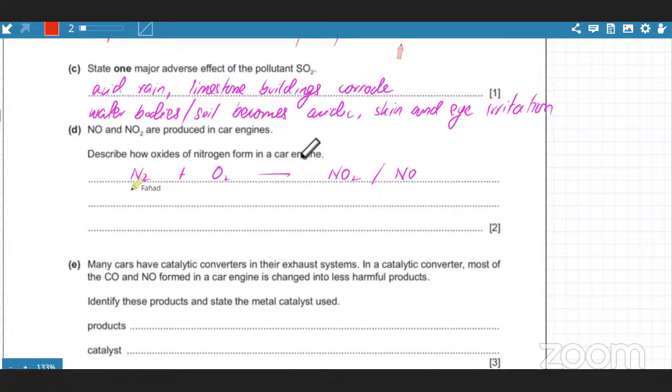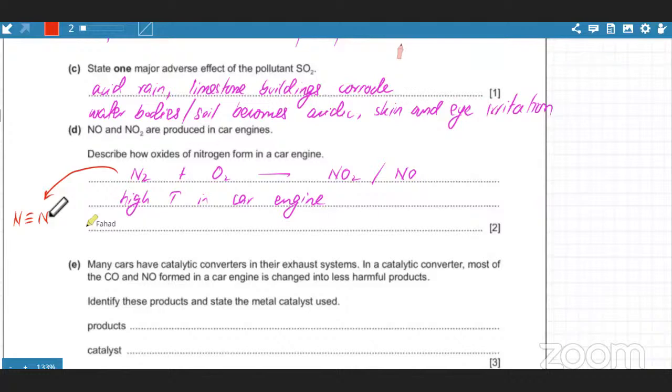Now, the high temperatures in the car engine provide the activation energy. Remember that nitrogen is extremely unreactive. Why is it unreactive? Because the N2 molecule has a triple bond. It's very hard to actually break that triple bond. So the high temperatures in the car engine make it easier for the triple bond to break, because the molecules would have very high kinetic energy.